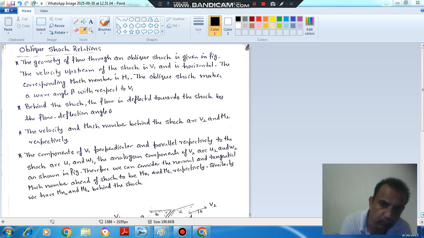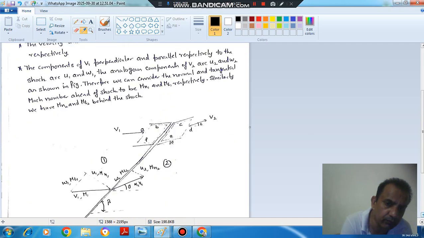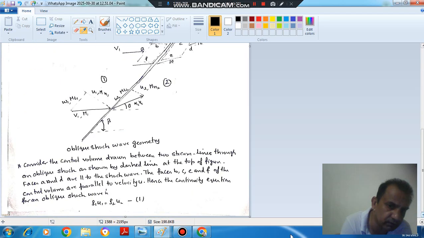So in oblique shock relations, first we derived the continuity equation, that is rho 1 u1 is equal to rho 2 u2, where u1 is the normal component of upstream velocity, and u2 is the normal component of downstream velocity. V1 and V2 are the upstream and downstream velocity.